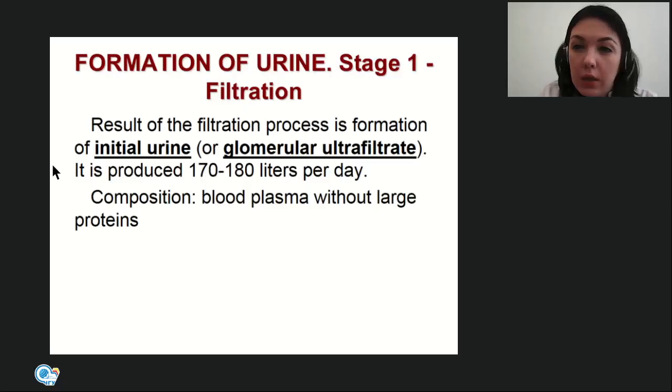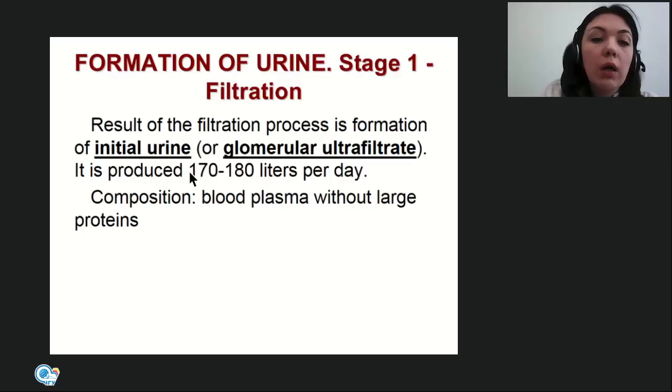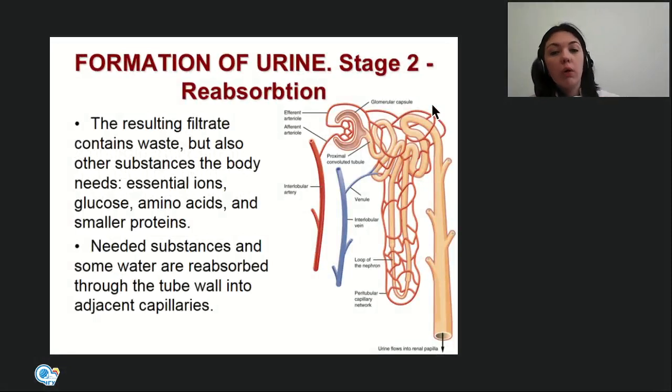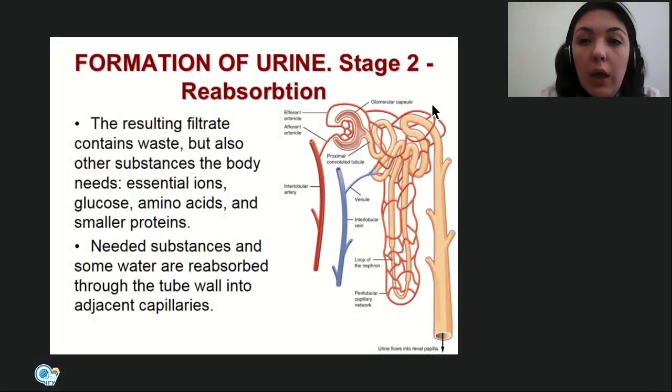Our body contains not more than 5 liters of blood, and certainly we do not have 170 liters of liquid. So that's why we cannot excrete initial urine. That's why after the filtration, the other stages of urine formation follow, which are reabsorption and secretion.